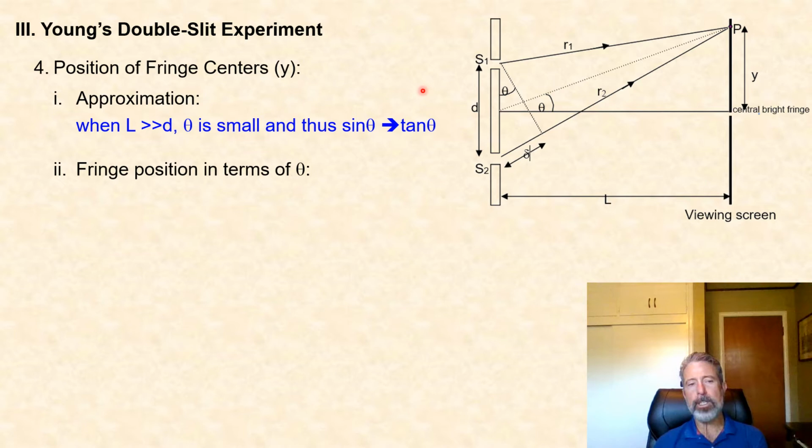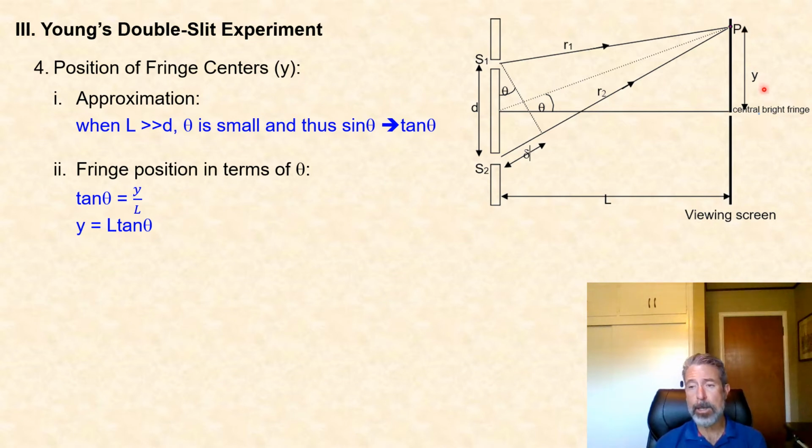The fringe position in terms of this angle theta, if we look at this diagram here, when we take the tangent of theta, and I'm looking at this right triangle here, I'm showing you with the laser pointer. You'll notice that the tangent of this angle theta, which is the opposite side over the adjacent side, is y over L. And we can solve for y, and y simply gives us the distance between the central bright fringe and any arbitrary fringe we choose to look at.